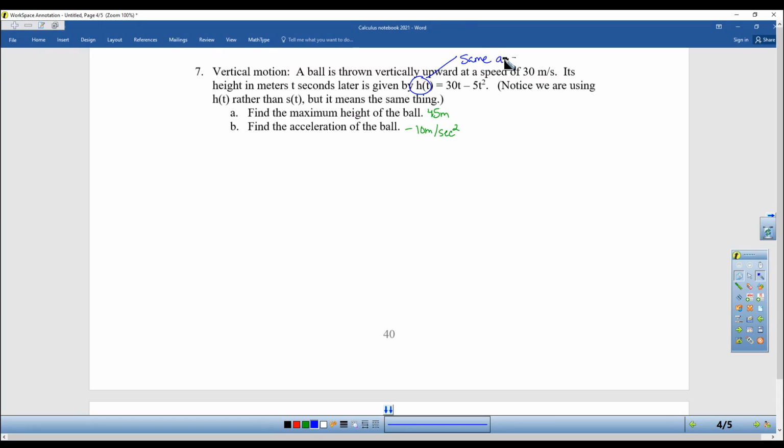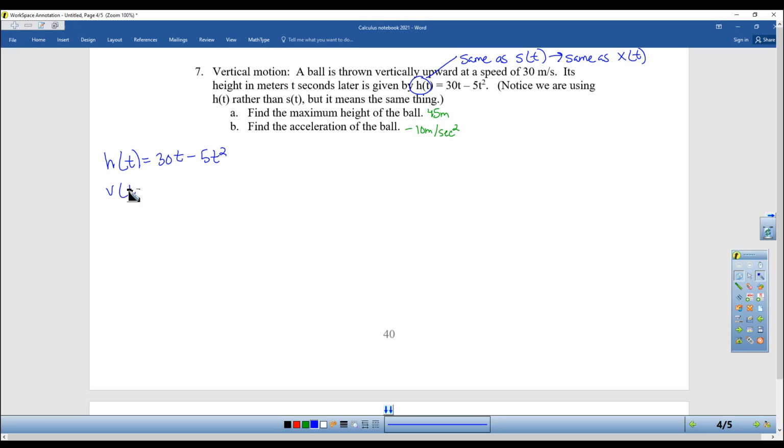Same as s of t. They like to use it when they're doing something going up in the air for height, which is also the same as x of t. So those are the 3 common uses for s of t. It doesn't always stay one or the other. So again, I like to write my 3 equations off to the side so I have them kind of like a reference.